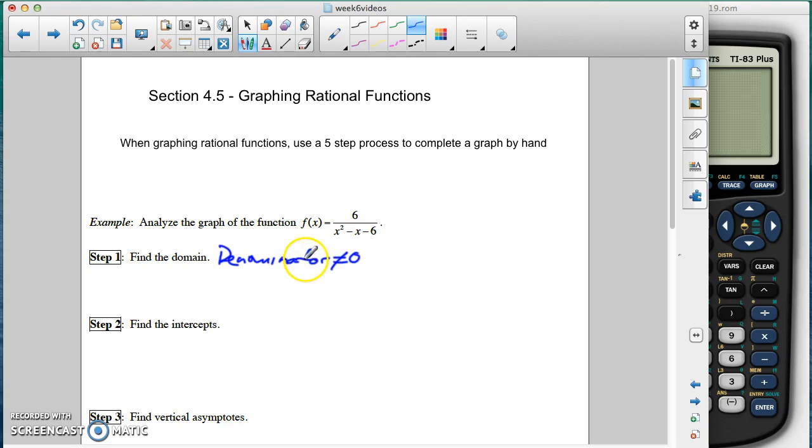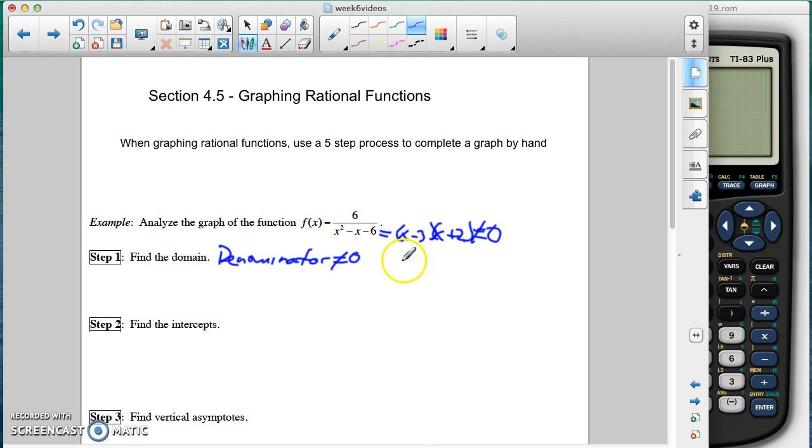So what we would do is take this denominator right here and factor it, and set it not equal to 0 to find those answers that are not in the domain. In this case we have 2 factors of -6 that add up to -1. That would be -3 and +2.